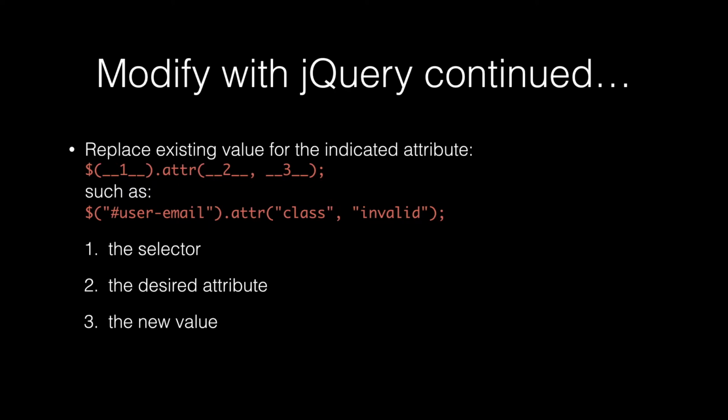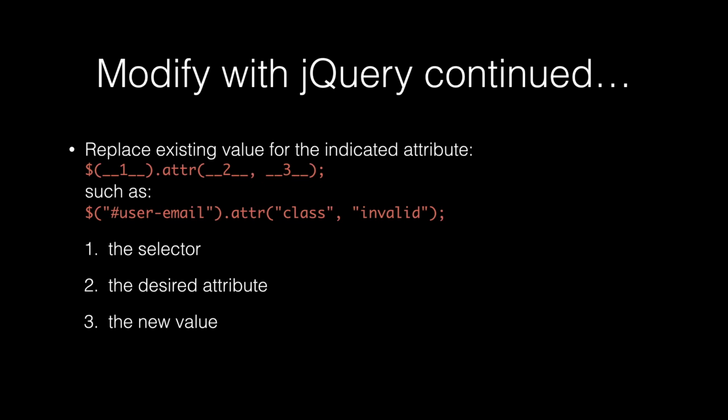So in this example, we've selected something with an ID of user email, and we've selected its class attribute, and we've modified that class attribute to be invalid, as in contain the string invalid. So it's getting a class of invalid.